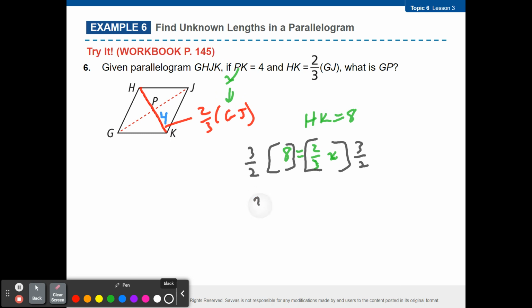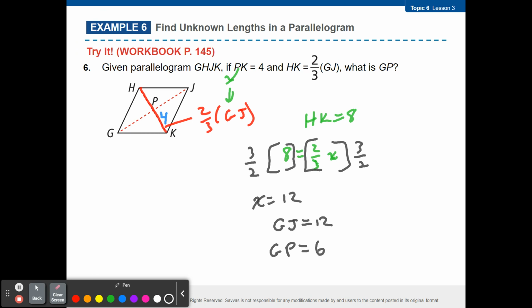That gives me X is equal to 12. So what is GJ? GJ is 12. What's GP going to be? 6. Questions on that?